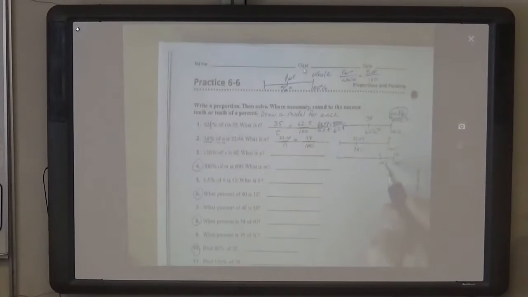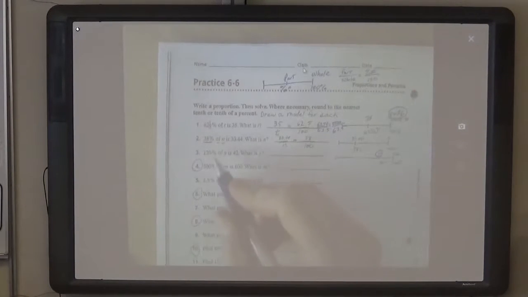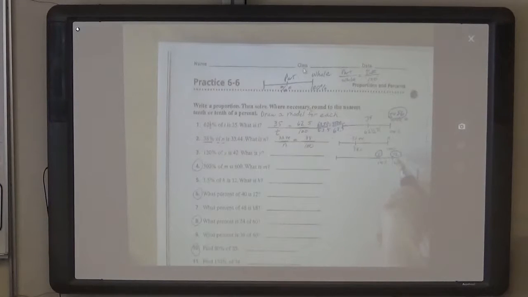So that's why when it says 120% of y, y is the whole. 120% of y is 42, and 42 is beyond 100%, it's 120%.